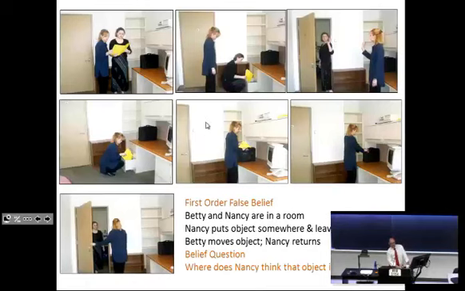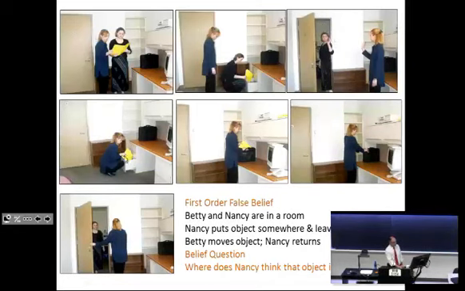Let me tell you a classical way of testing this. It involves using the false belief task, okay? And here's the example. You have two people in a room, okay? And one person takes this folder and puts it in a drawer. And the other person sees that, all right? And then the person who put it away goes out, waving goodbye.